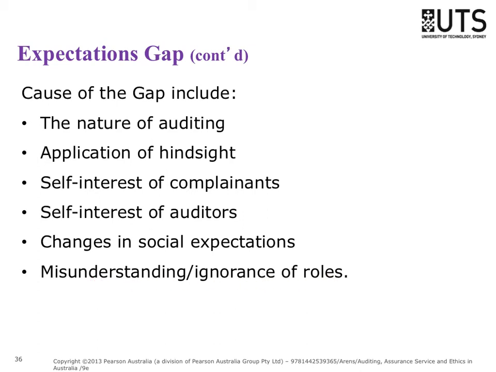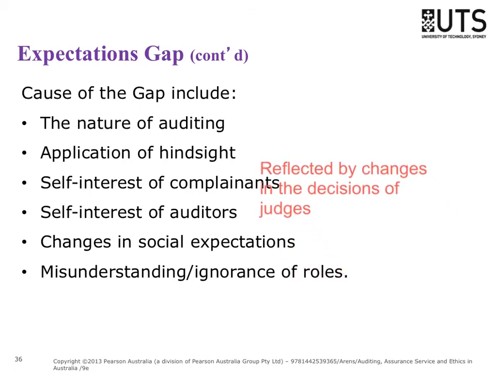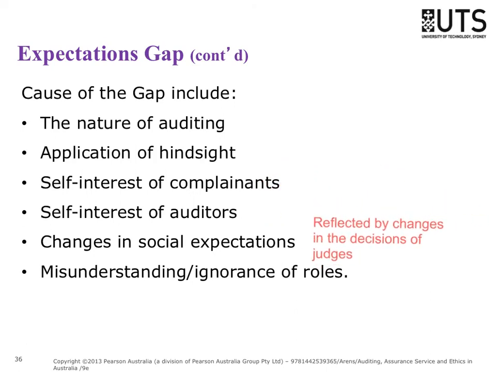Now, the change in society is reflected by changes in the decisions of judges. Okay? And certainly we know that as society's expectations of everything change, then so do the laws that we might create and the decisions that judges might make to uphold or enforce those laws.